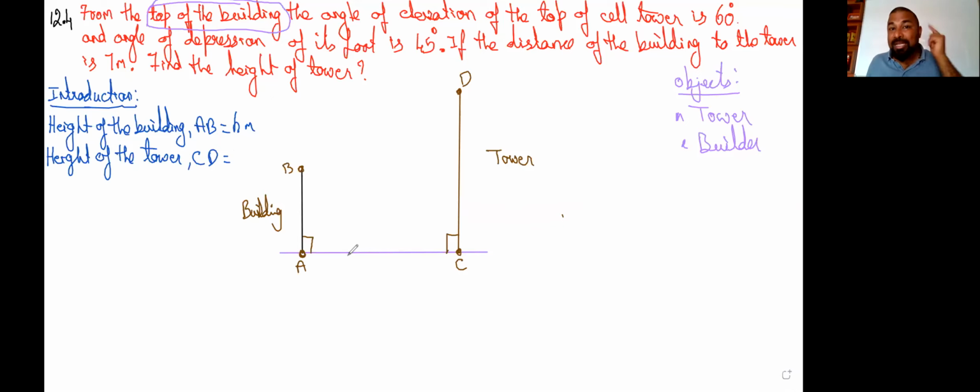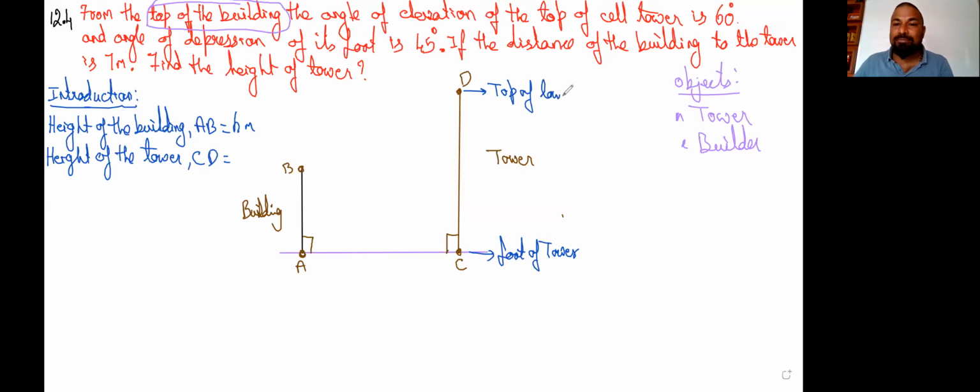From the top of the building, the angle of elevation, the question starts like this. So from there itself, we have to come to a conclusion that the point of observation is on the top of the building. Right. Of course, let's label like this. C is foot of tower, that is the first point, and D is top of tower.